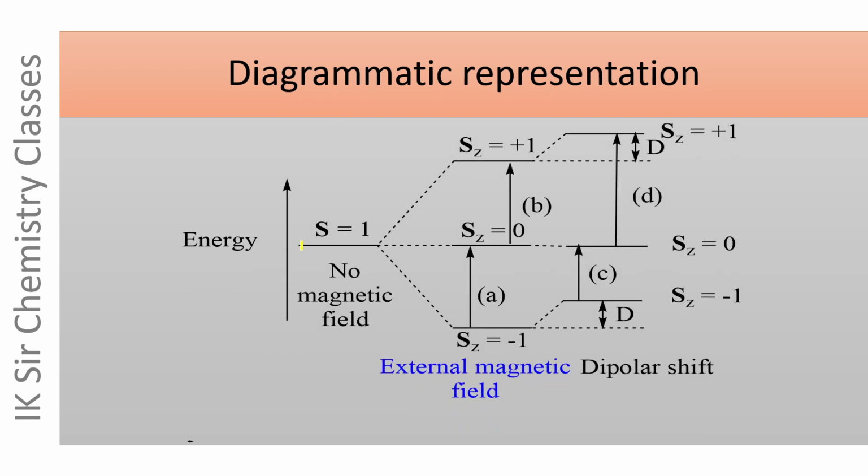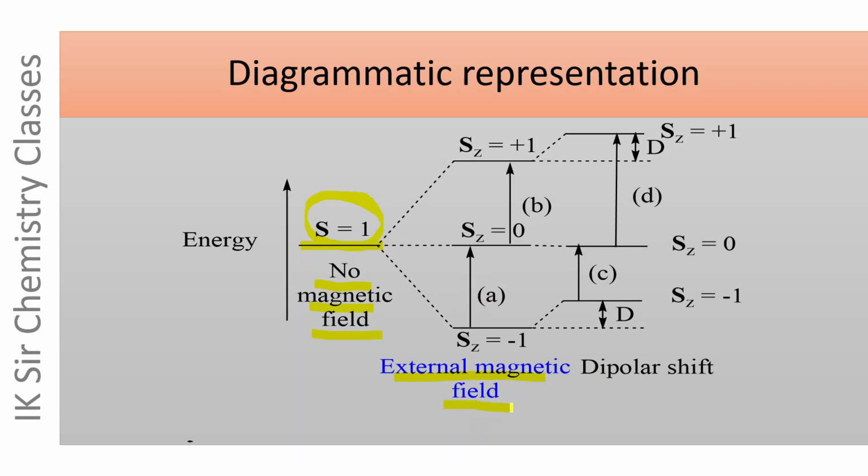This is Sz equals to +1. It is singly degenerate if there is no applied magnetic field. It splits up into 3 energy levels: Sz equals to -1, Sz equals to 0, and Sz equals to +1 in external magnetic field.